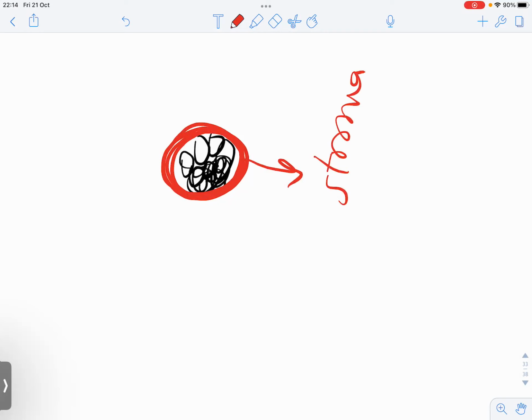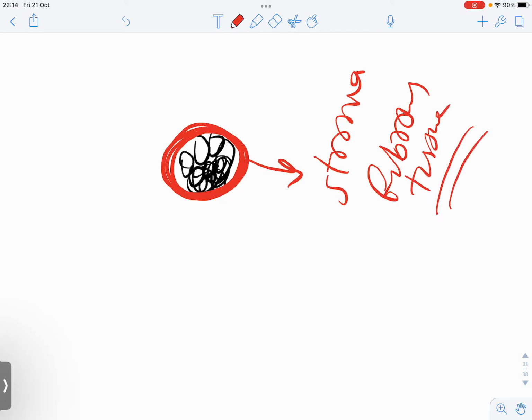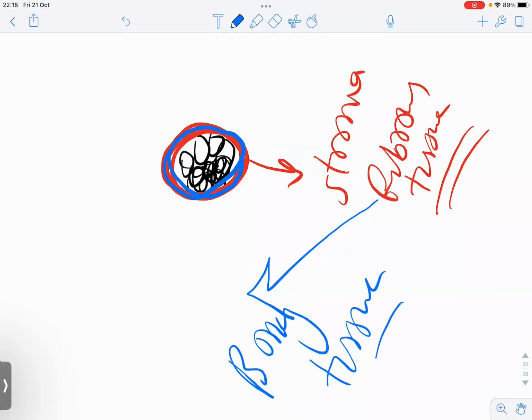Stroma means fibrous tissue. So after that, with the help of some growth factor and cells like osteoblasts, they can come and transform this fibrous tissue into bony tissue.